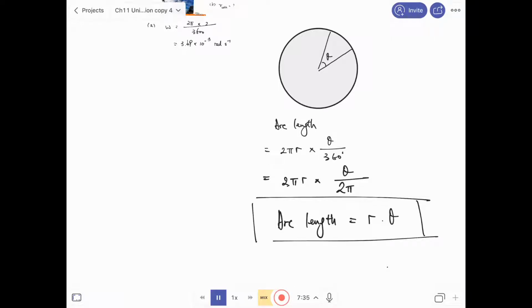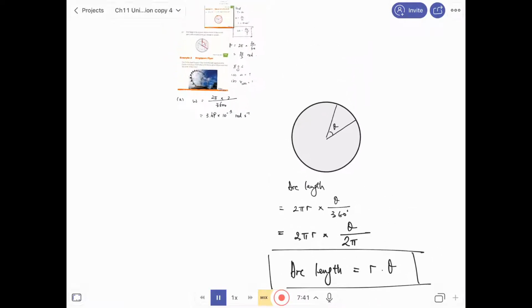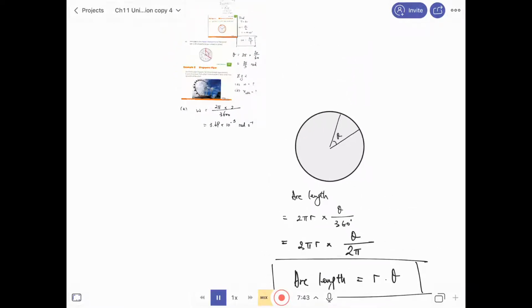Now let's imagine, how do I calculate our linear velocity based on our angular velocity? Well, note that the original definition of angular velocity, as we have talked about, is theta over t, and linear velocity is displacement over time. And displacement right here is roughly equal to our arc length, which is r theta over t.